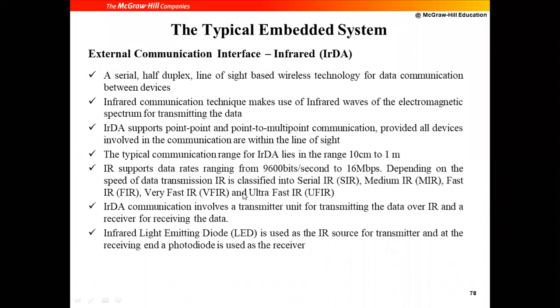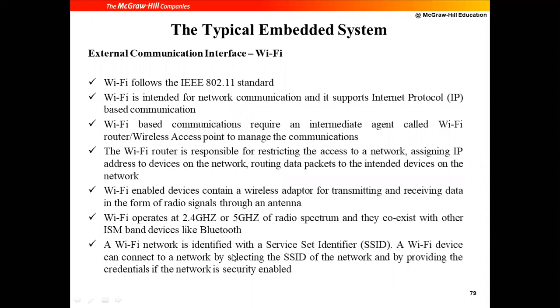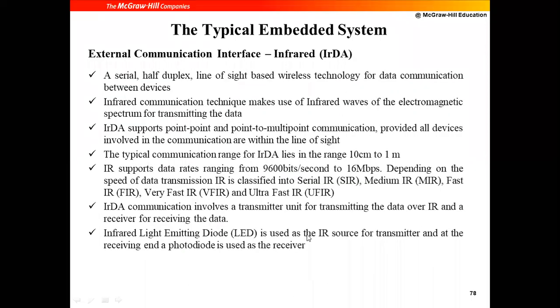Okay, so basically, if you consider the example of your TV remote, it follows IrDA communication, right? In the remote, if you observe, you'll have a small LED. IrDA communication involves a transmitter unit for transmitting the data over IR and a receiver unit. So basically the transmitter unit is nothing but an LED, as the IR source, and at the receiving end a photodiode is used, which receives the LED signals.